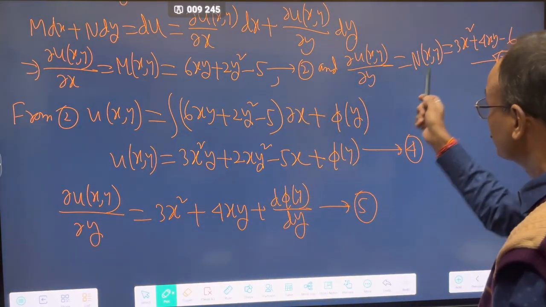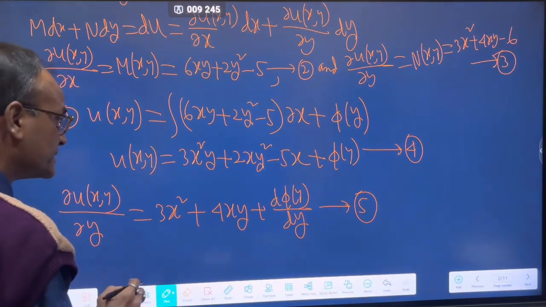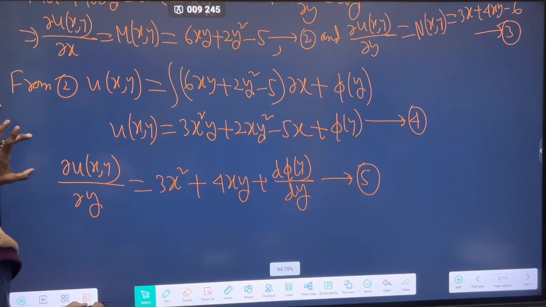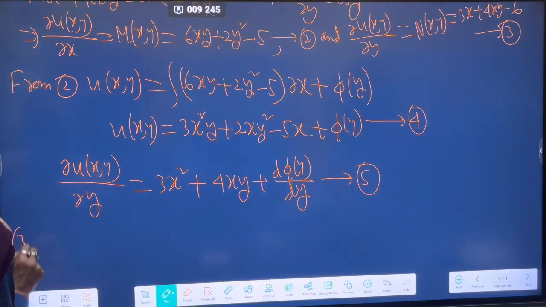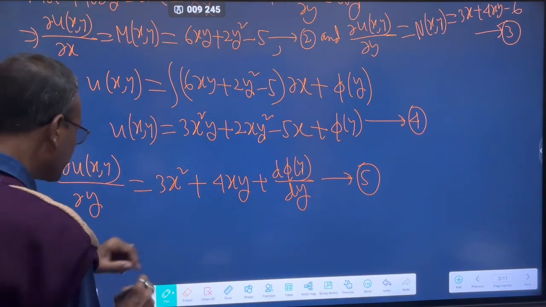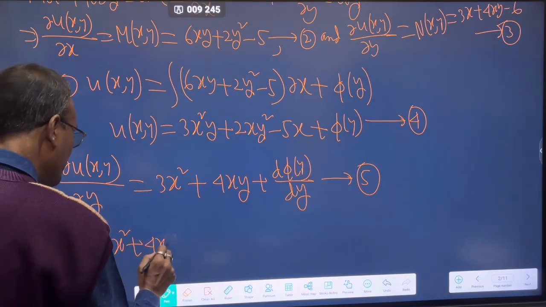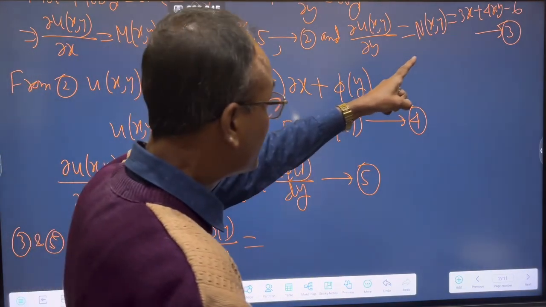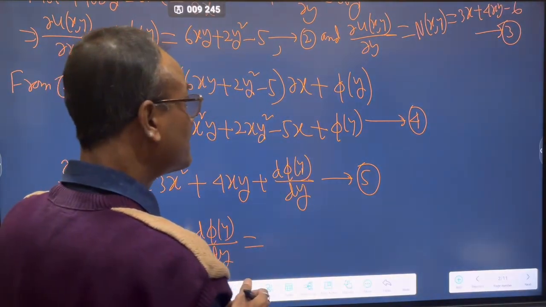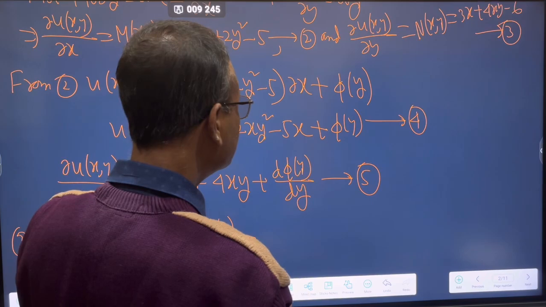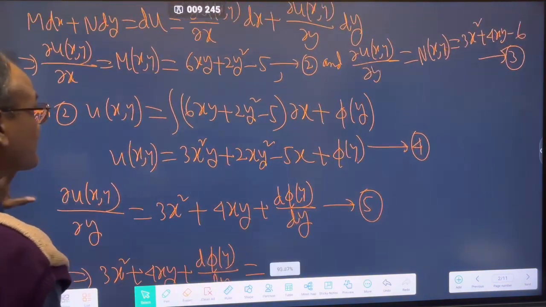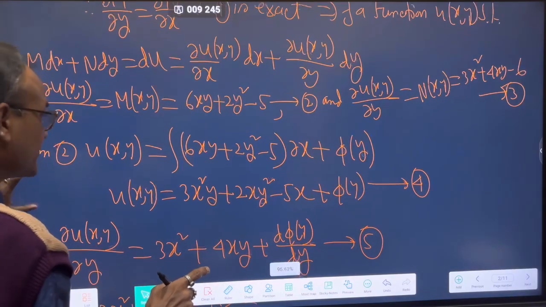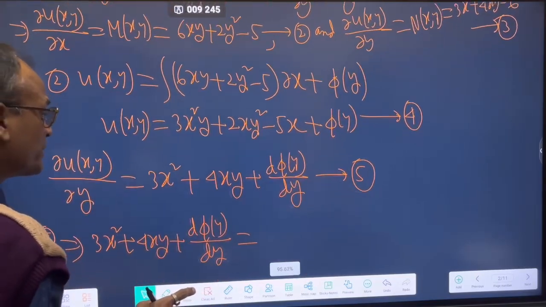From 3 and 5, you will get 3x square plus 4xy plus d phi by dy equal to 3x square plus 4xy minus 6.